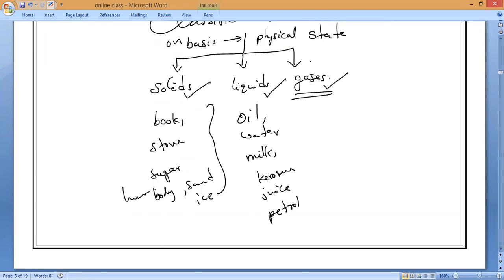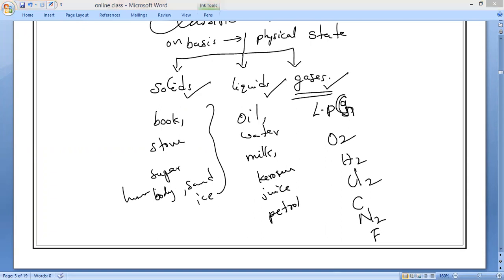That is next. Gases. Example. LPG. Okay, LPG. That's all. Oxygen, hydrogen, chlorine, carbon, nitrogen. Understanding? Fluorine. These all the things we used to call what?